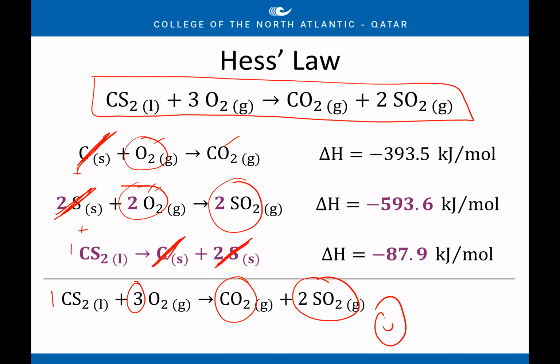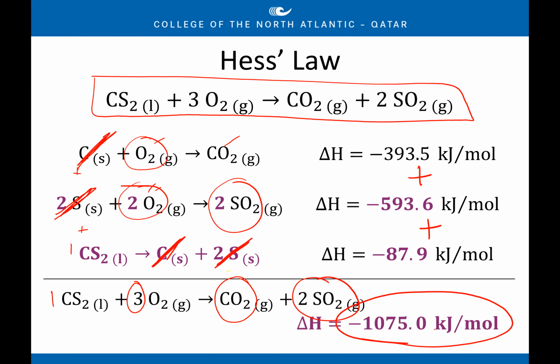This you guys do not need to show on a test or final exam, but this proves to me that my rearranging of the equations worked. I got the correct answer. So then I just add up these numbers. And there you go. There's your final answer. Again, I just added up the numbers on my calculator.